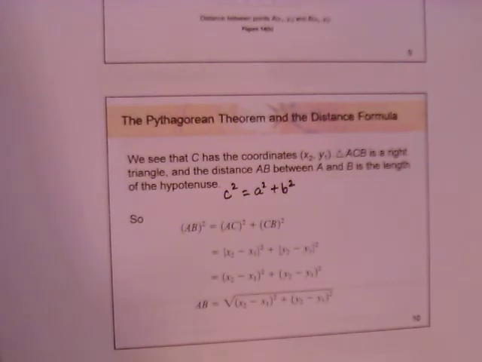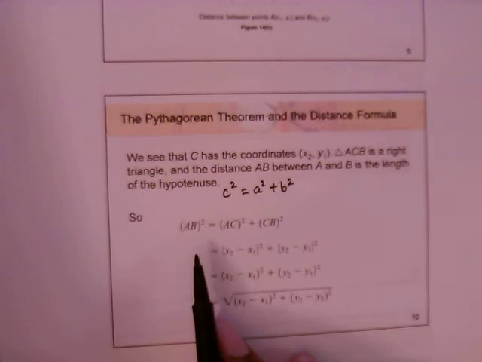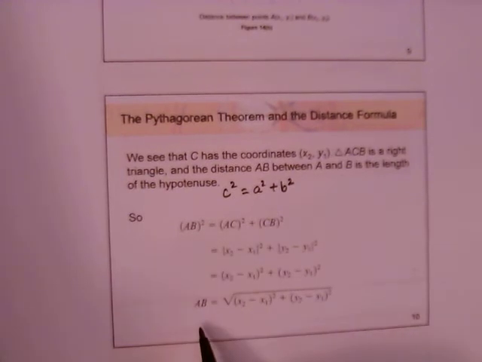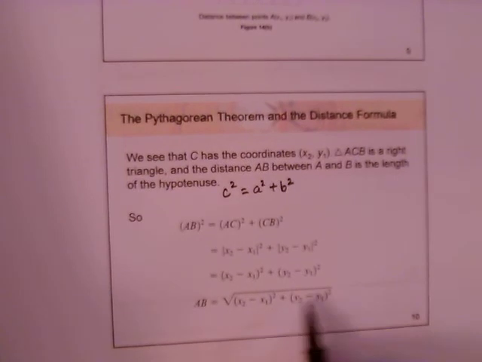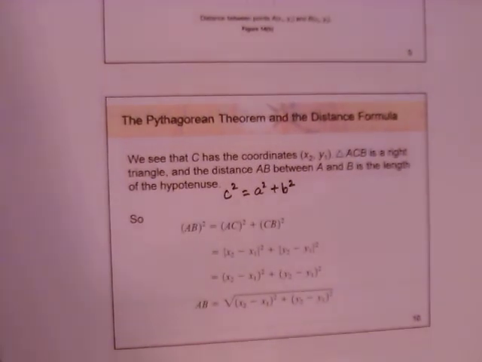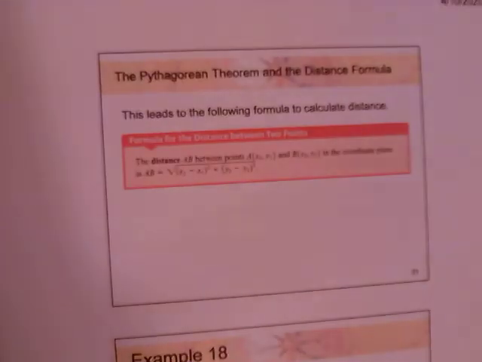And if you take the square root on both sides, the square root of AB squared would just be AB. And then that's going to be equal to the square root of x2 minus x1 quantity squared plus y2 minus y1 quantity squared. So this is the distance formula derived from the Pythagorean Theorem.